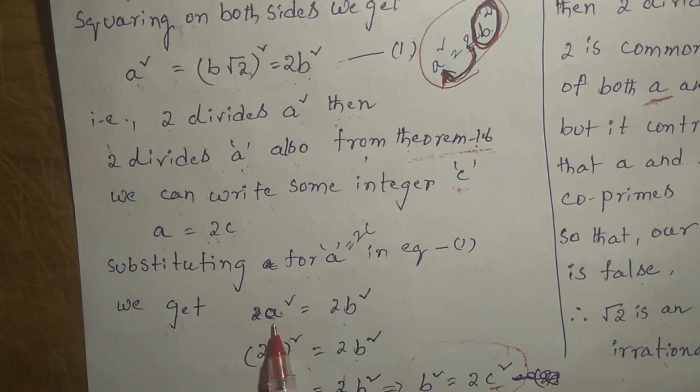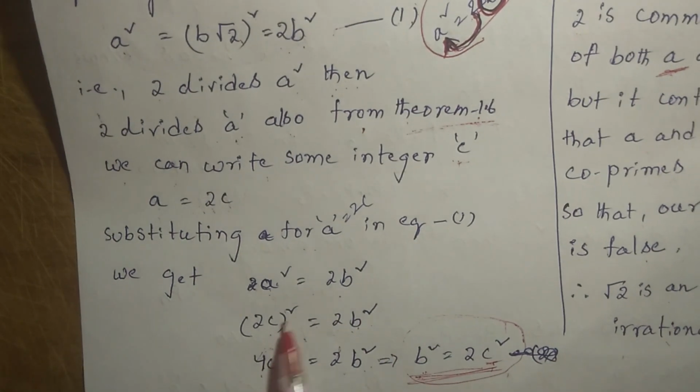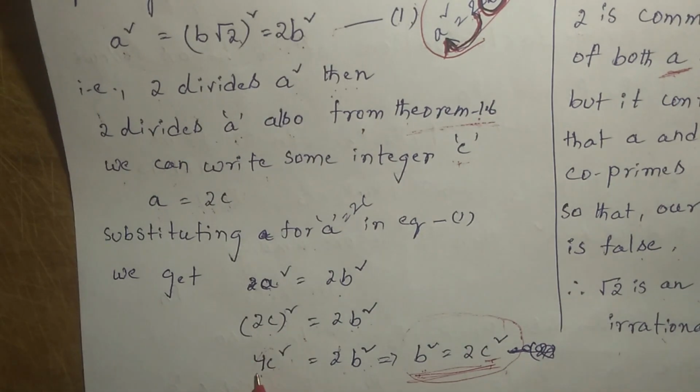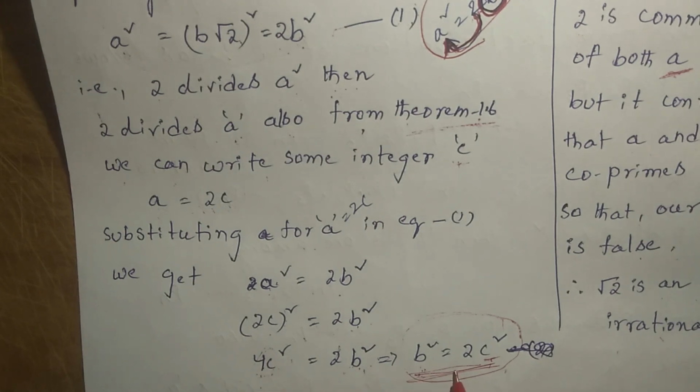Then what is the value of a? 2c. Then 2c whole square equals 2b square. Then 2c whole square is nothing but 2 square, which is 4, times c square, so 4c square equals 2b square. We cancel both sides by 2, we will get b square equals 2c square.